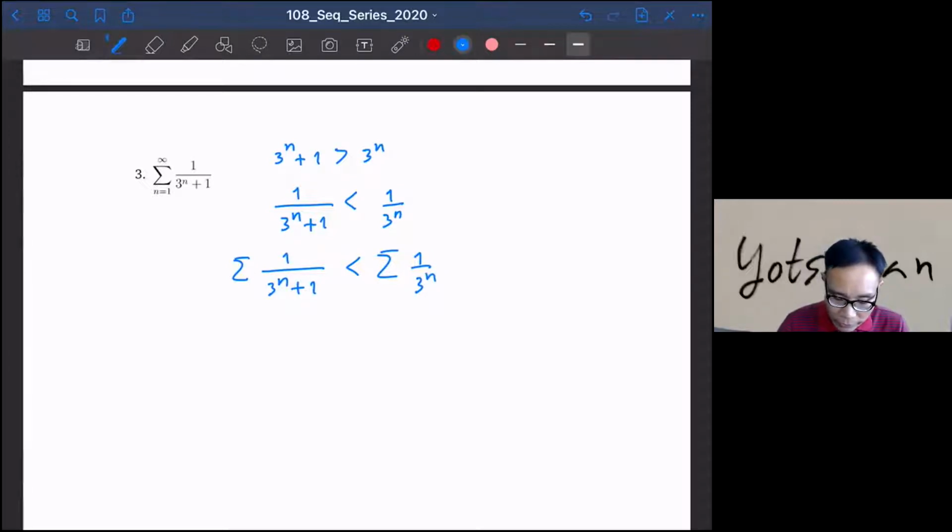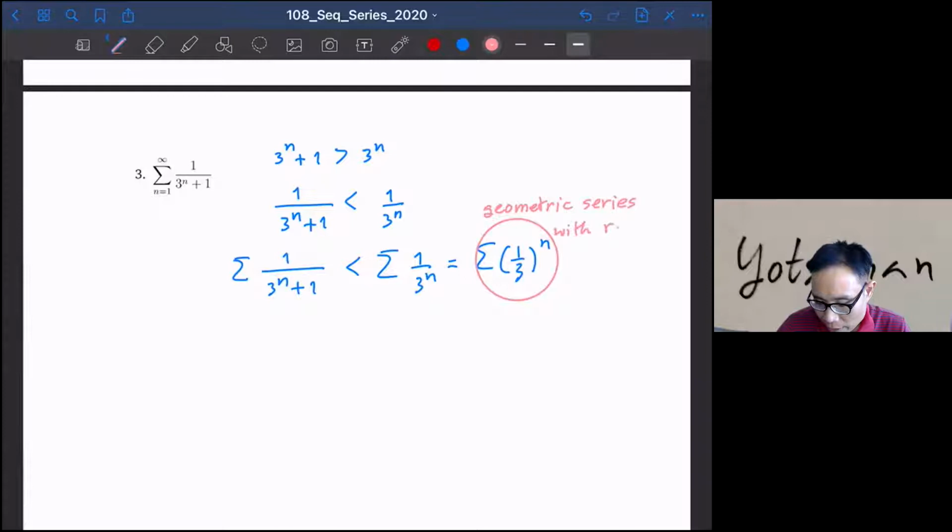And you must recall that this is 1/3 to the n, and this becomes a geometric series with r equal to 1/3. So this is convergent.